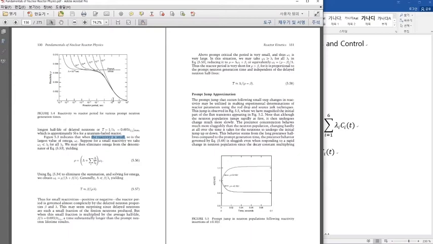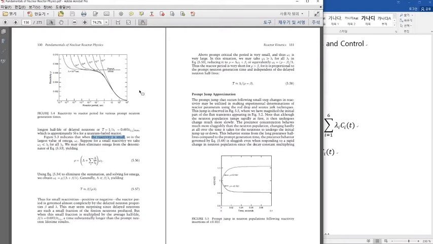So that means the growth, even if we provide the positive reactivity, the increase or the change of neutron density follows exponential e to the t over 10 seconds.